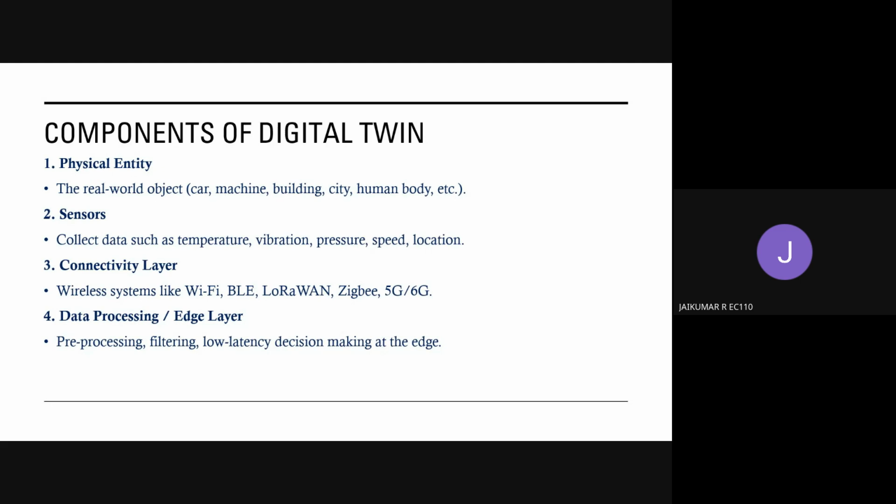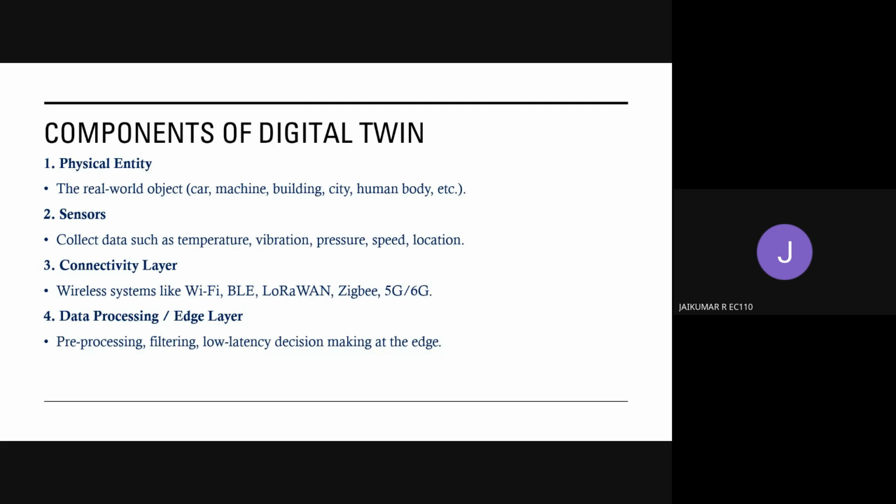And the next one is the connectivity layer. The first one is the physical entity, that is your real machine that we want to make a copy of, and the next one is sensors. We get the data from the machine by using sensors, and the third one is the connectivity layer. After extracting the data from the machine using sensors, we need to send the data. We need to communicate those data to somewhere.